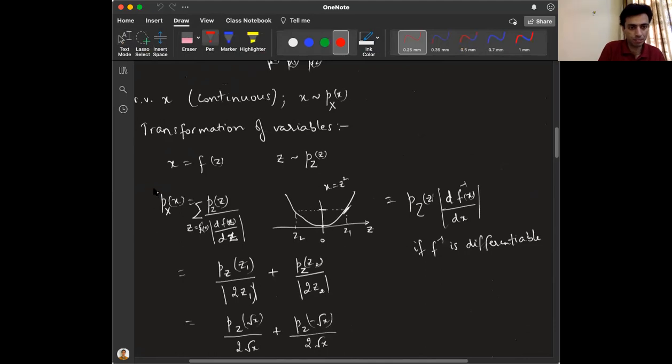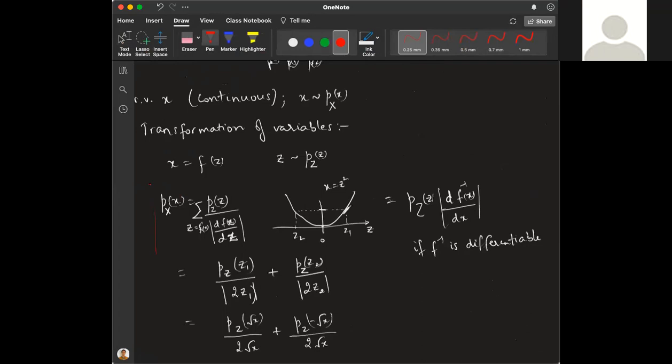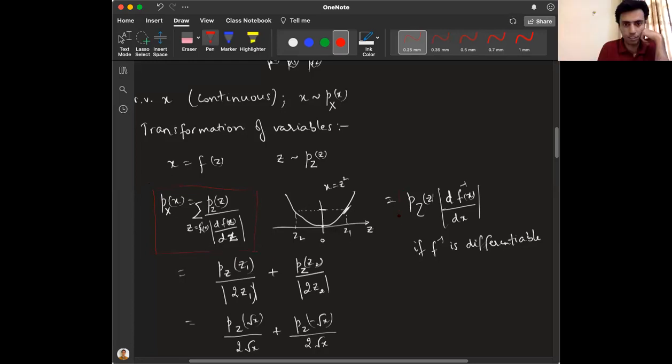So this is important. This and this are two important forms.